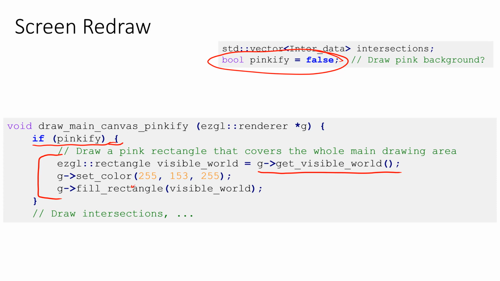Then I set my color to pink, that's red, green, blue. And then I say fill a rectangle. That rectangle will now fill the whole visualization area. I want that to be the background, so I draw it first. And then I draw all my intersections and stuff on top of it. And that will be it.